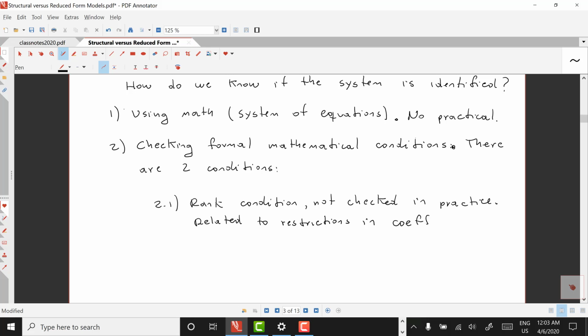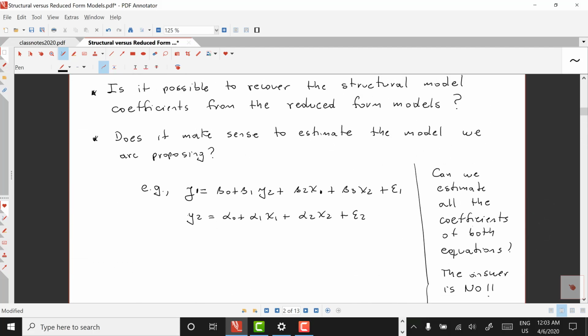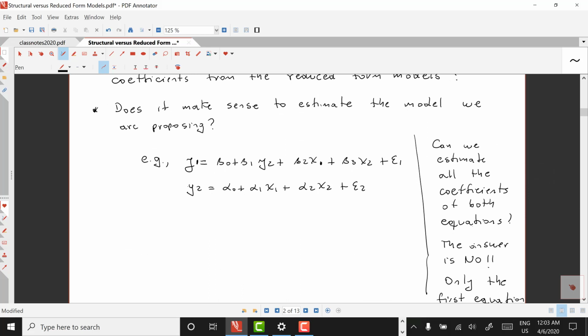It's not checked in practice because most of the time, for the type of models that we write, it is satisfied. For example, if you see this model that we were proposing here, we're assuming that the coefficient for y2 is 1. If we were to write a model with a coefficient like gamma 1 on y2, then probably that rank condition will not be satisfied.